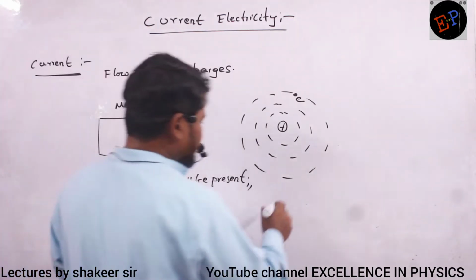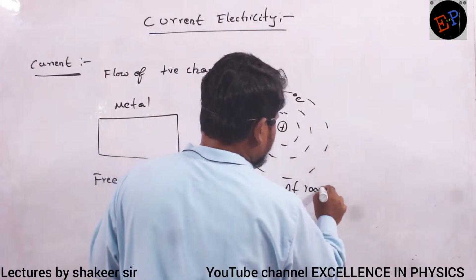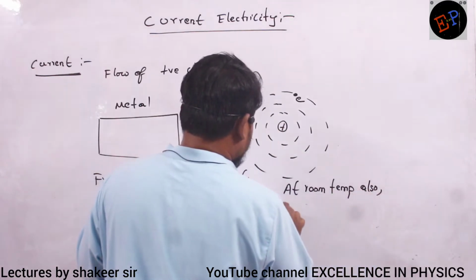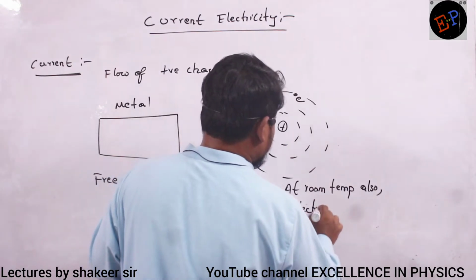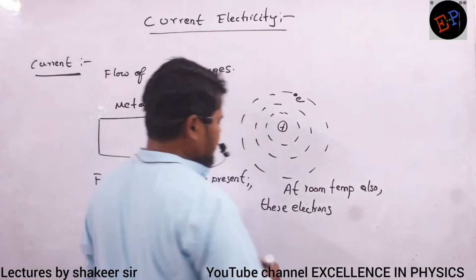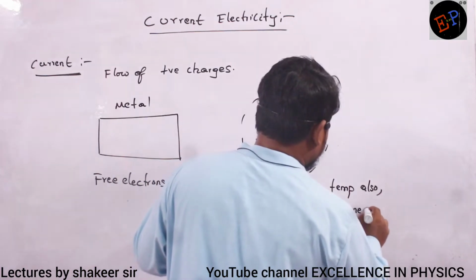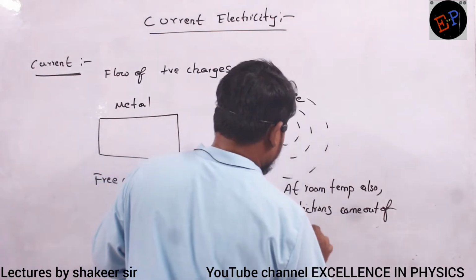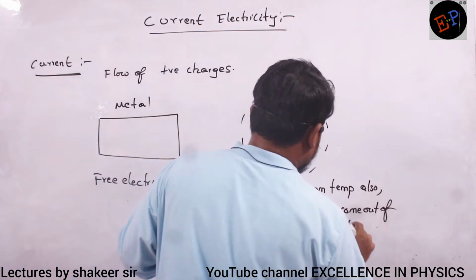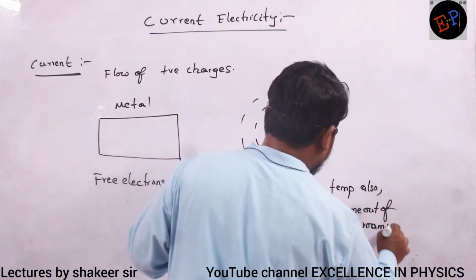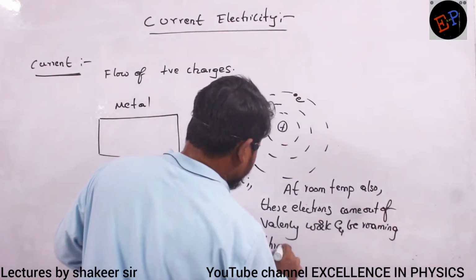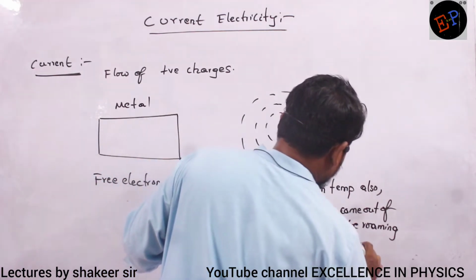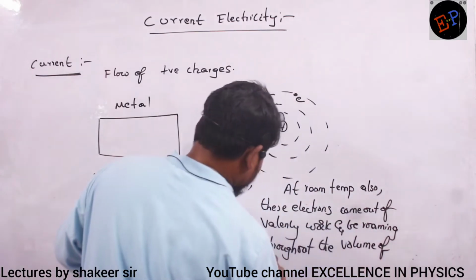So even at room temperature, these electrons, the ones present in the outermost orbit, come out of the valency shell, okay, ma? And be roaming throughout the volume of the conductor.